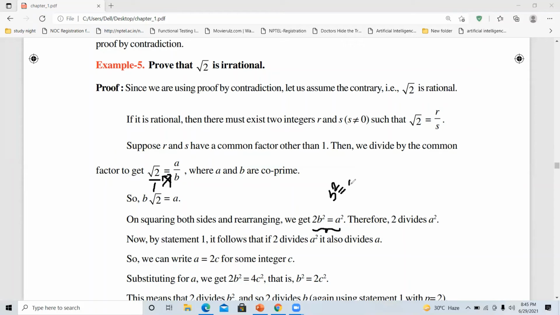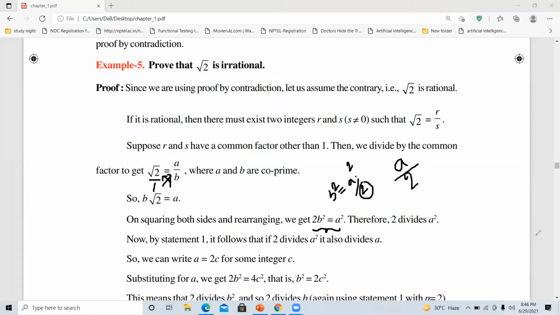If b square equals a square by 2, then we can definitely say that 2 divides a square. Now by statement 1, if a prime number like 2 divides a square, then it will definitely divide a.